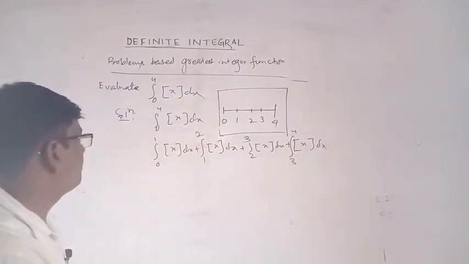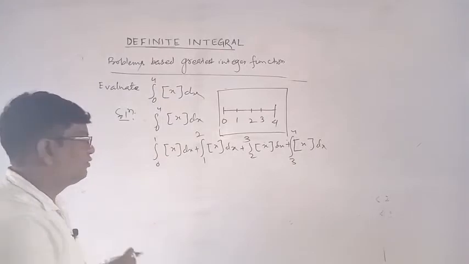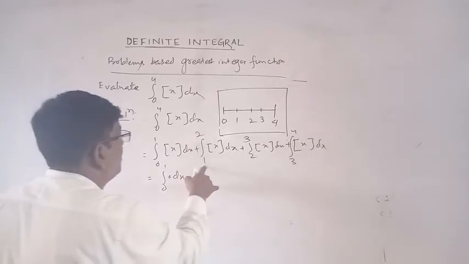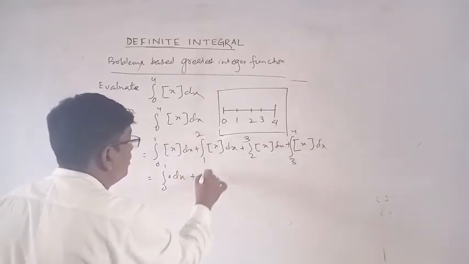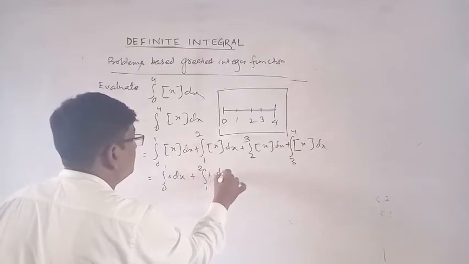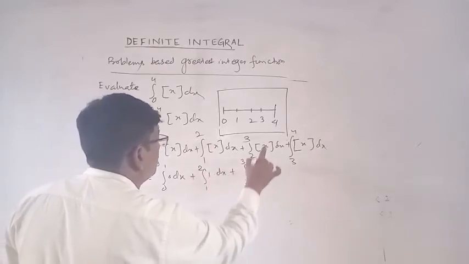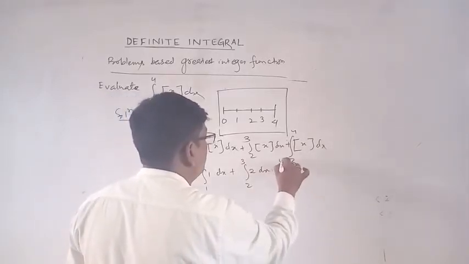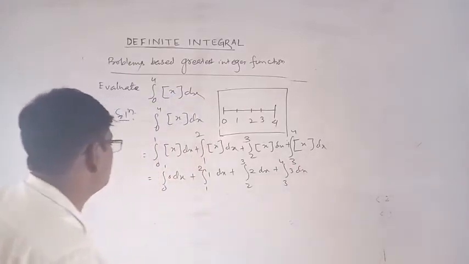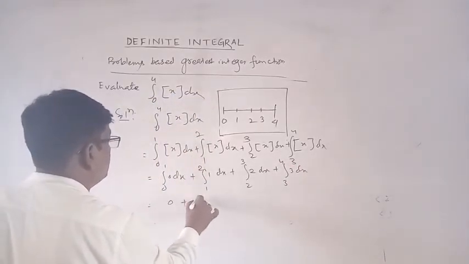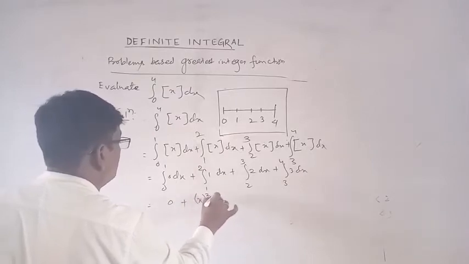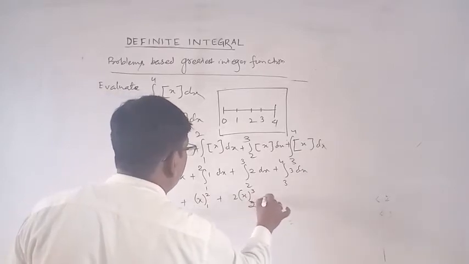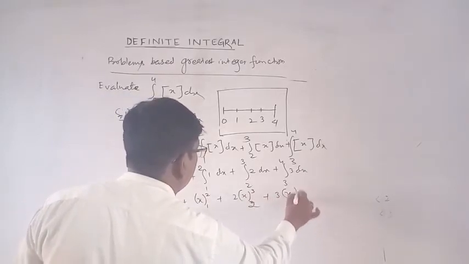In 0 to 1, the value of bracketed x is 0, so 0 dx. In 1 to 2 the value is 1, so 1 dx. In 2 to 3 bracketed x is 2, so 2 dx, and in 3 to 4 it is 3 dx. So this is 0, x with limits 1 to 2, 2x with limits 2 to 3, and 3x with limits 3 to 4.